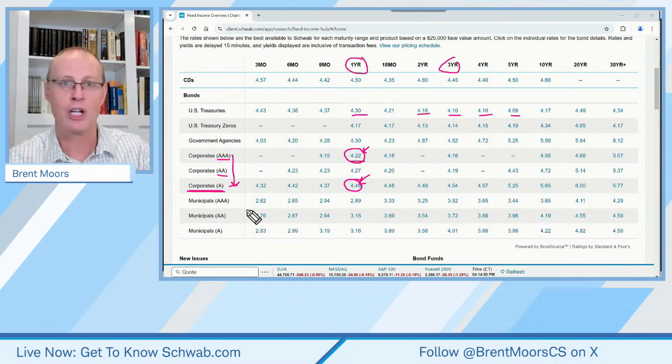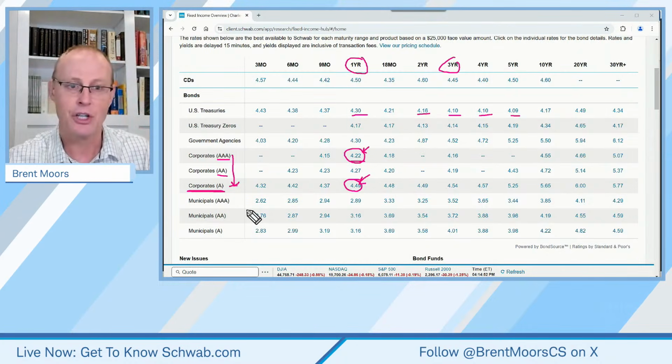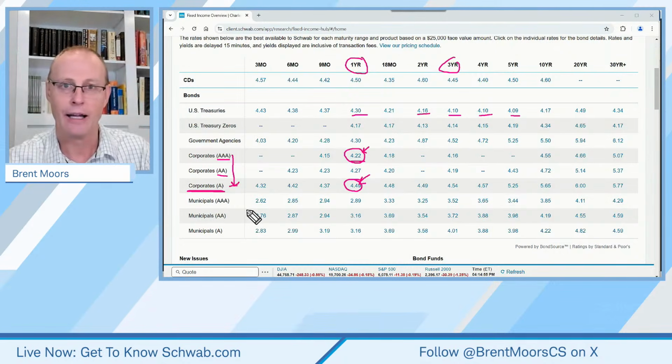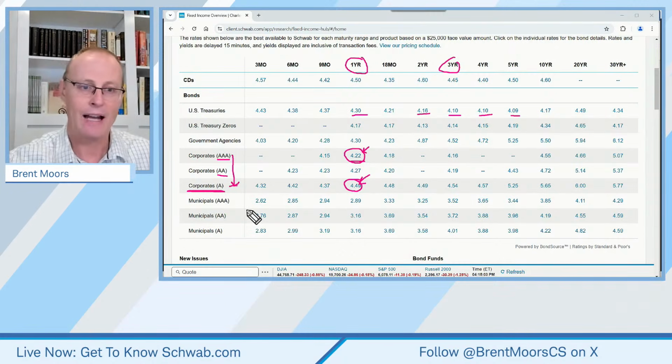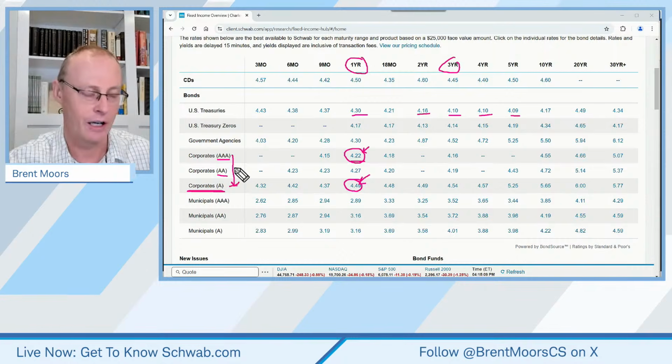There's a greater chance for default, and so the company has to pay a higher interest rate, a higher coupon, in order to attract someone to loan them money. That's how you can look at this chart here.